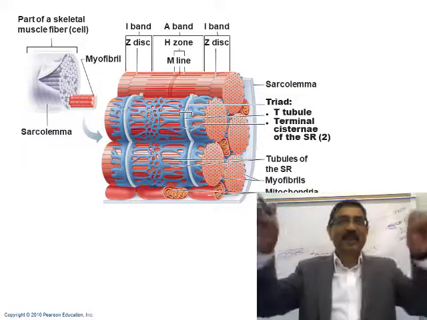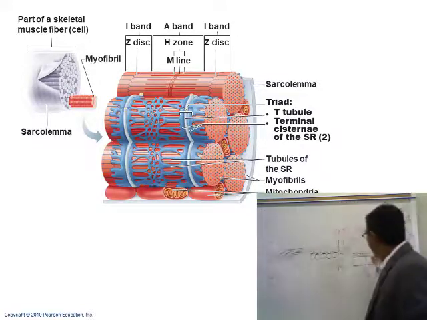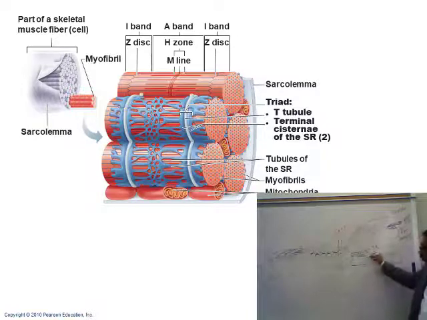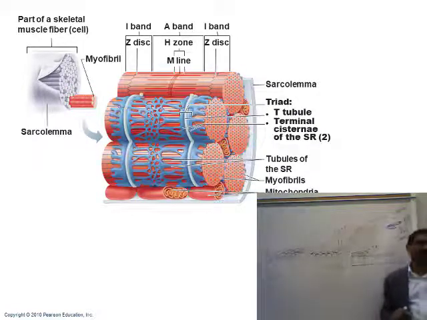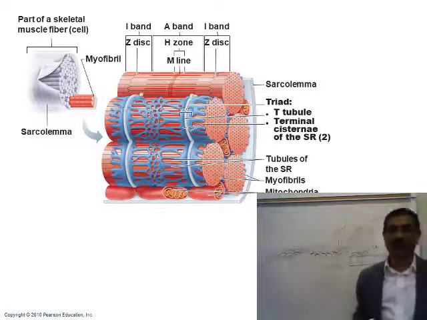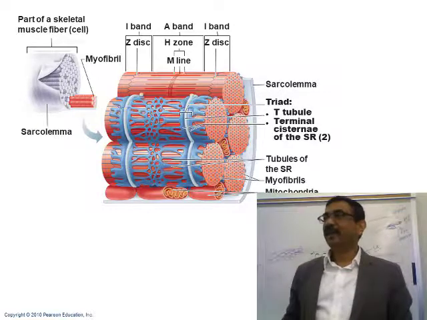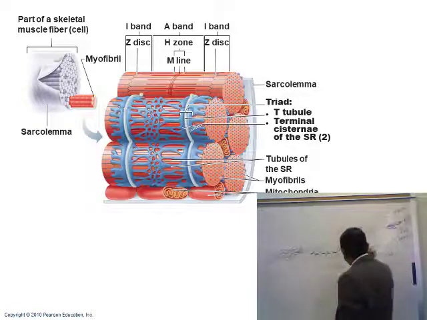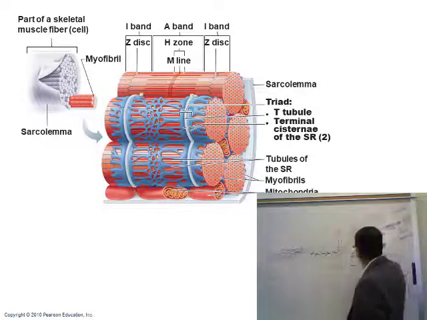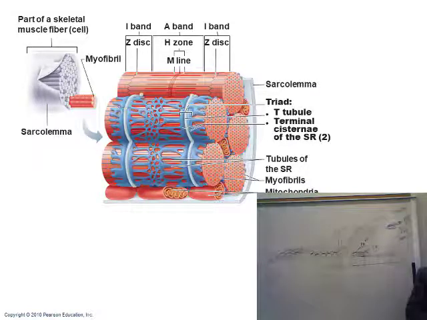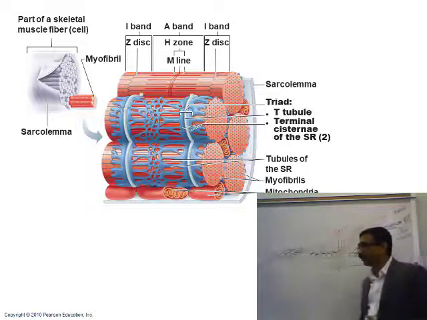Tube-like structures. So in the case of the muscle fiber, around the myofibril, you have the sarcoplasmic reticulum. Very similar structure, tube-like structures. And these sarcoplasmic reticulum are filled with calcium. So calcium is stored inside the tubes of the sarcoplasmic reticulum.